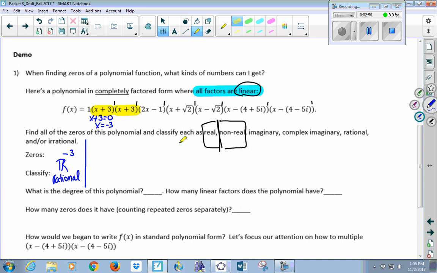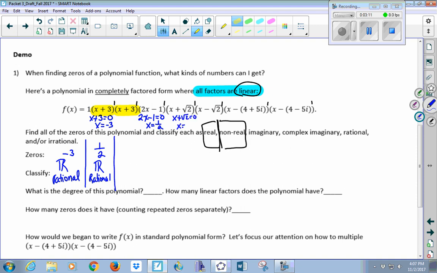Right, my next zero, which is different, is 2x minus 1 equals 0. And when I solve this for x, I get 1/2. So my next zero is 1/2. That's real, and it's also rational. My next zero, x plus the square root of 2 equals 0.